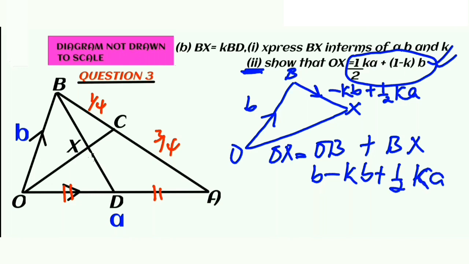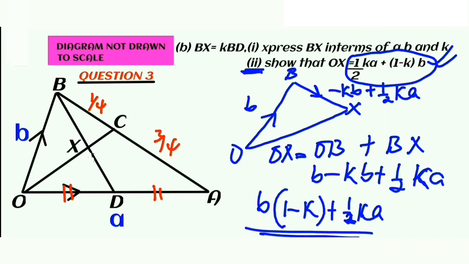Then here you have to factor out B, equals B, open bracket, 1 minus K, plus half KA. So this is the value for OX. We have to open the bracket and write shown. That we have shown. We have proved that OX equals this value.